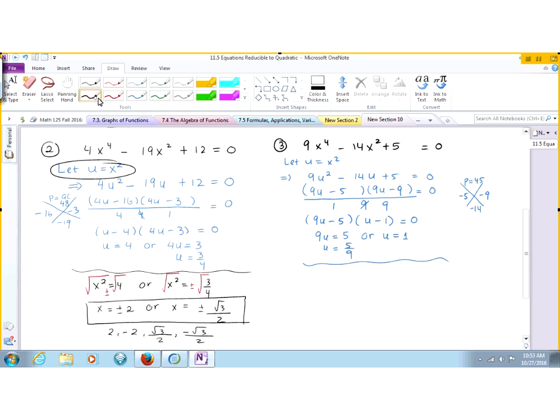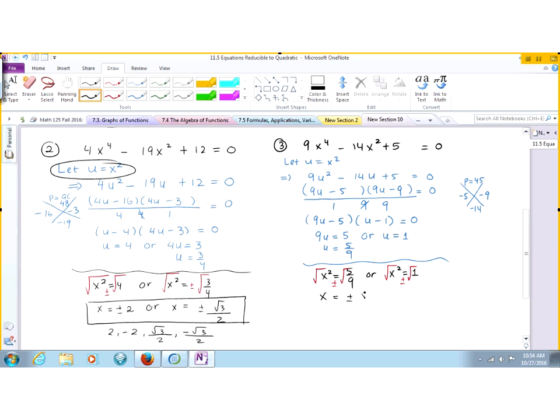Good. Am I done? Yes. So now we go with the x. X squared is equal to 5 over 9, or x squared is equal to 1. What is x? Square root of both sides. And when we take the square root, what are we doing? Plus or minus.